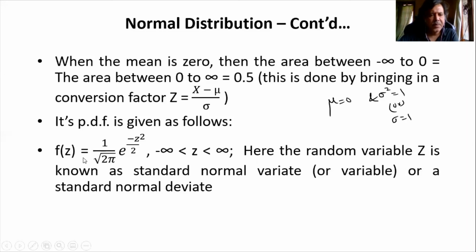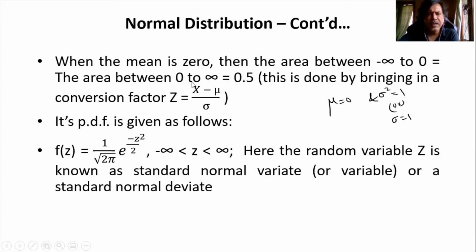In x minus mu by sigma, mu becomes 0 and sigma is 1. Since I wrote it here as z, I am changing the variable in the function, so negative infinity less than z less than infinity. Here the random variable z is known as a standard normal variate, variable, or standard normal deviate.